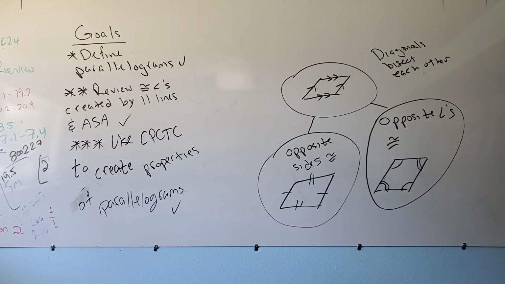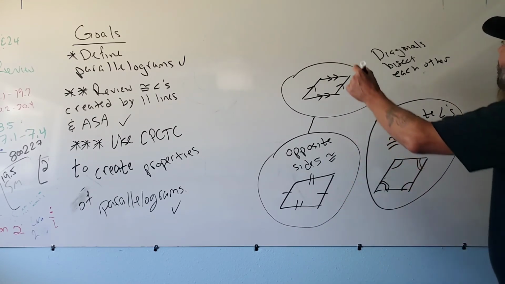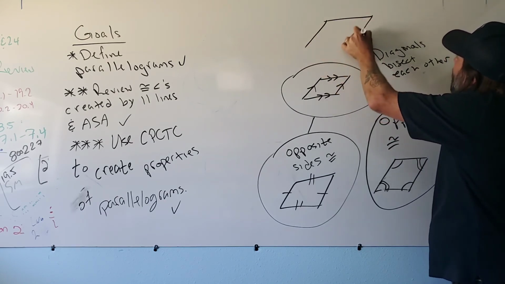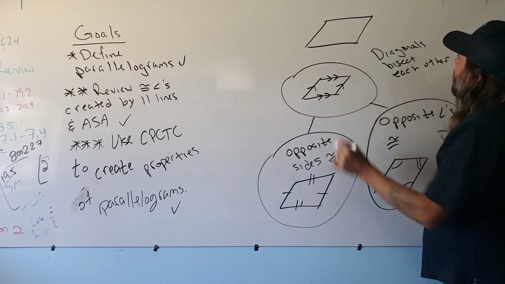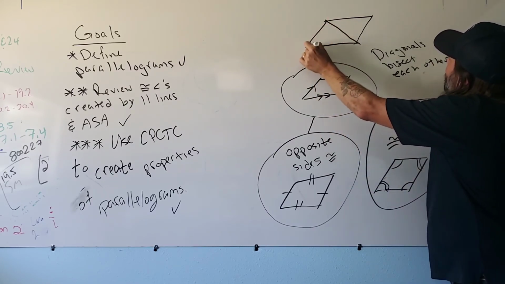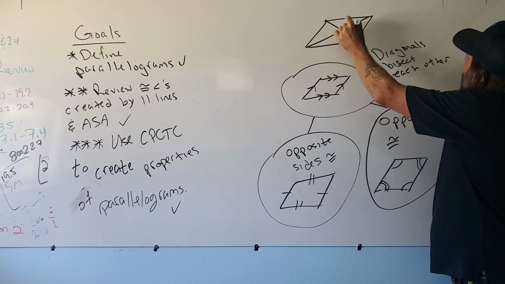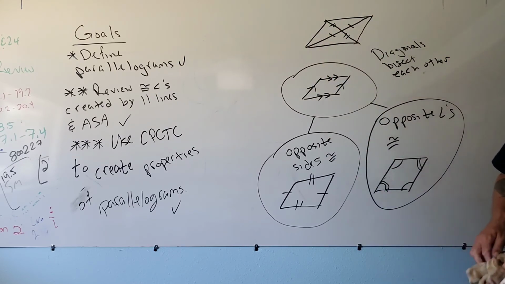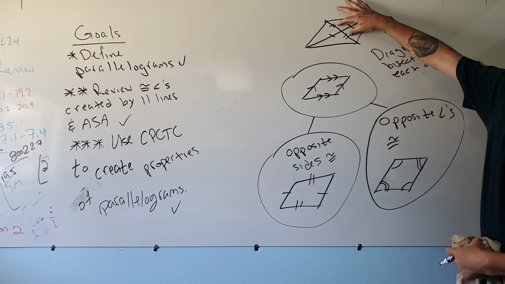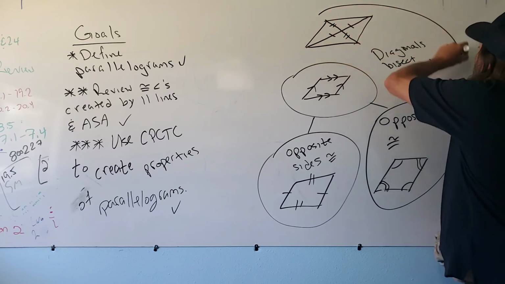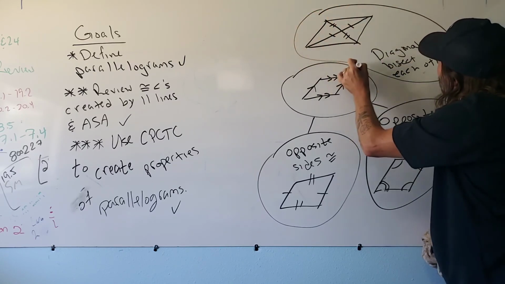I'll draw it up here. Alright, so here's my parallelogram, and then that means that this diagonal will cut that diagonal in half. And this is how I show that. These marks are showing me that my diagonals have bisected each other. And a little line to connect it.